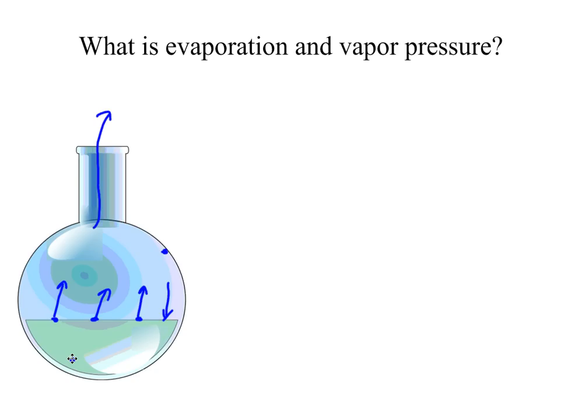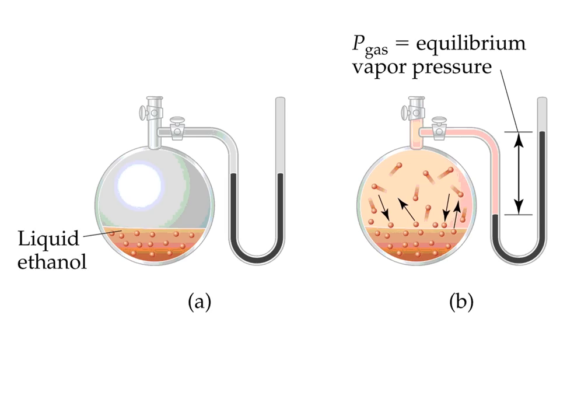So let's take a look at how we might better understand this. Here we have an apparatus where there's a flask that's attached to a U-tube. In the U-tube we have some mercury, and in this case we have liquid ethanol. If we put that into the container on the left and even out the levels of mercury before we allow the liquid to evaporate, the pressure inside the flask and the pressure outside open to the air, so this would be the air pushing down over here, would be the same.